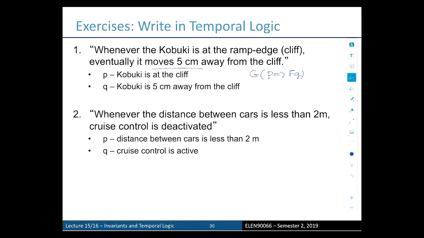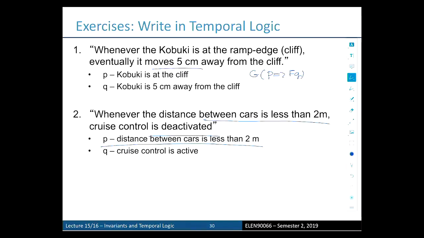In a cruise control, maybe, whenever the distance between cars is less than 2 meters, deactivate cruise control. So here we are saying P is true whenever the distance is less than 2 meters, and Q corresponds to the case that cruise control is active.